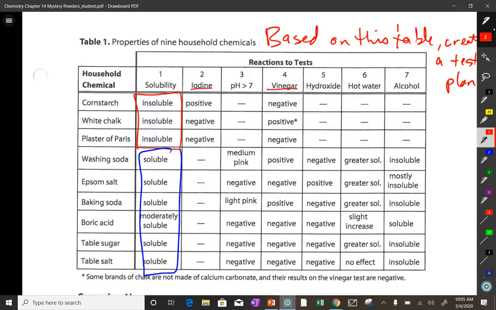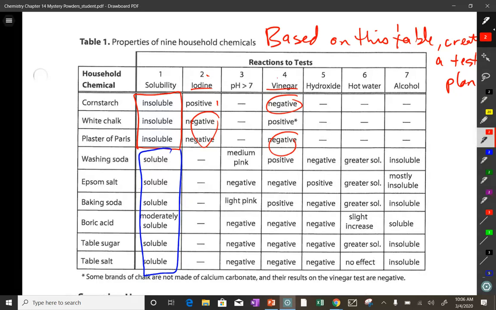And notice iodine gives you 1 positive and 2 negative. Vinegar gives you 2 negative and 1 positive. So which one should you do next? In this case, it doesn't matter because both of them are going to give you 2 one way, 1 the other. So the order for the next 2 tests, if it was insoluble, doesn't matter. You do this one, then this one, or this one, then this one.